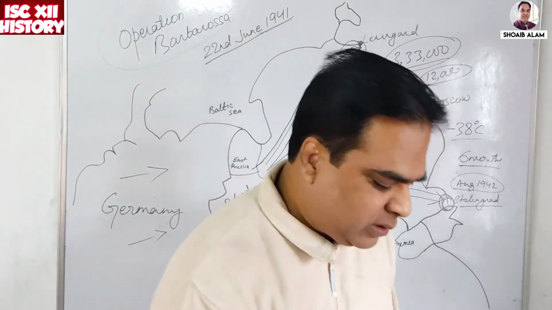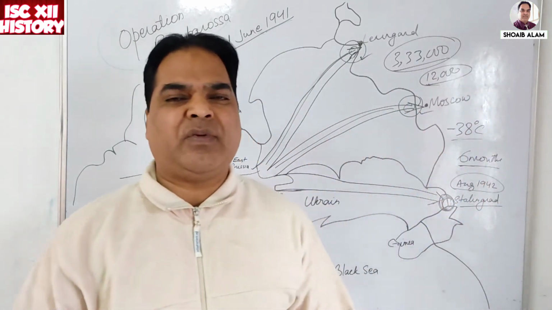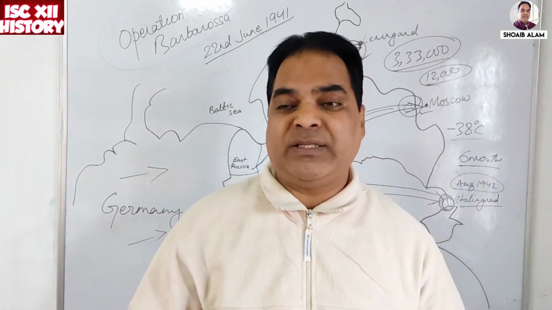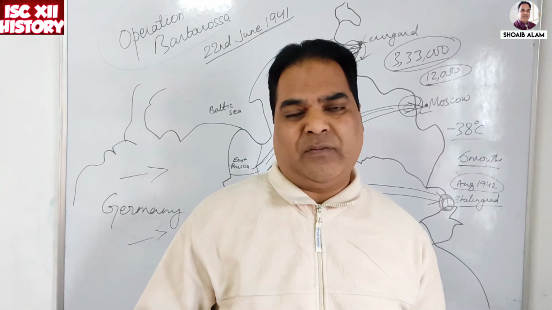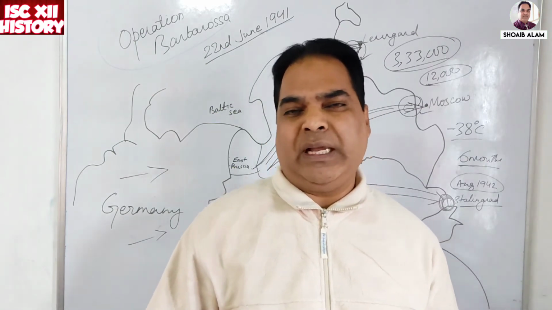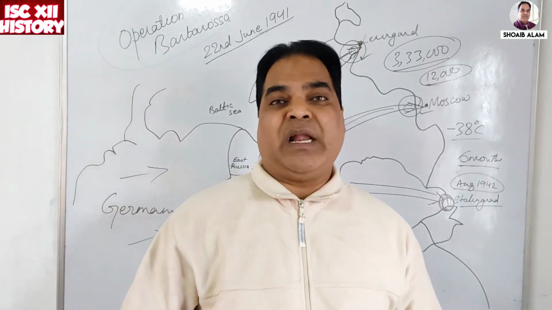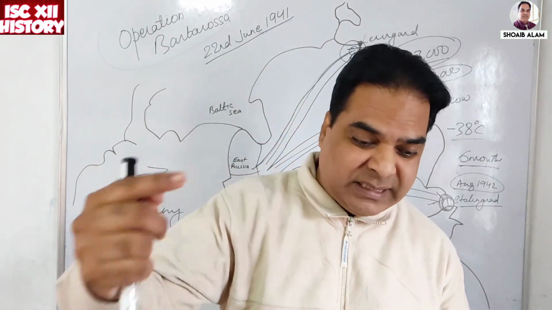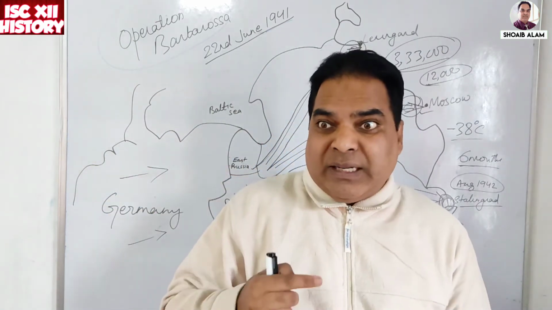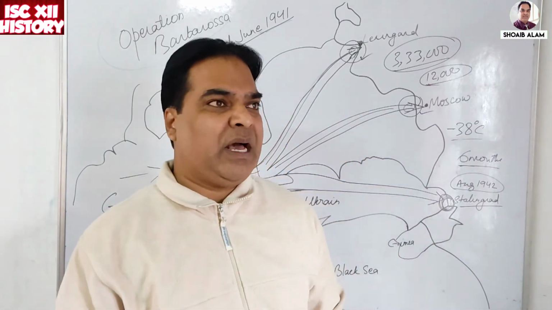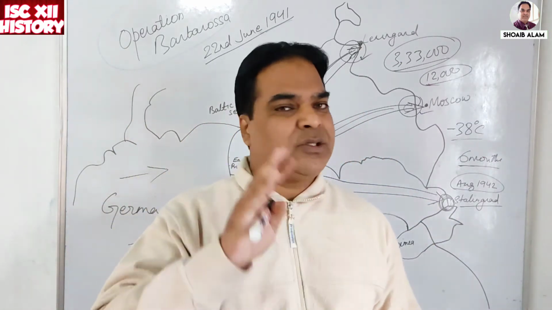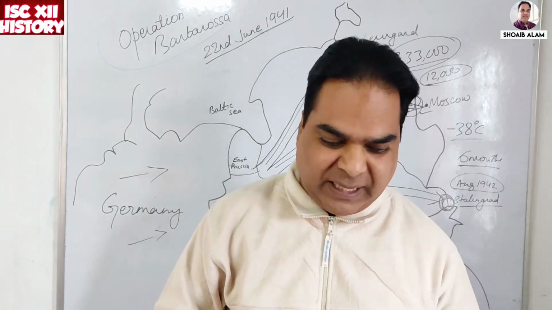Now, what were the causes of the failure of Germany? Why did Germany fail? Heavy rainfall and the temperature going below minus 38 degrees Celsius is one of the reasons. But German army officers underestimated their opponents. They thought Russia is weak right now, this is the right time to attack Russia. That was their biggest mistake.